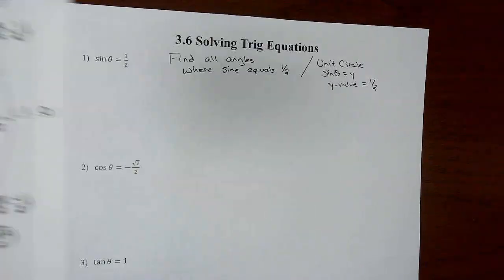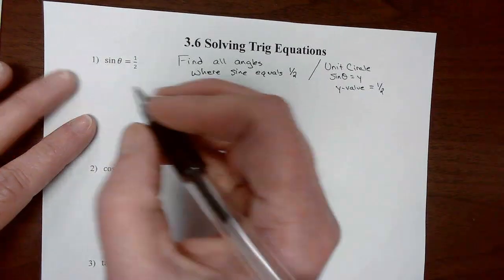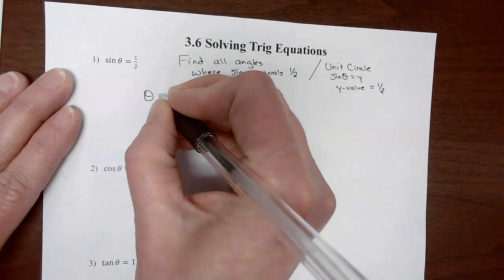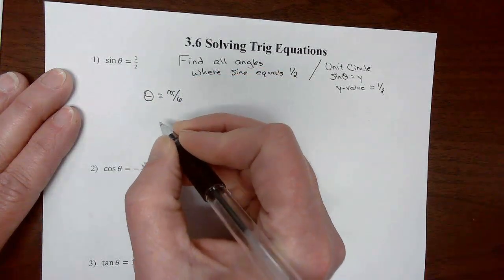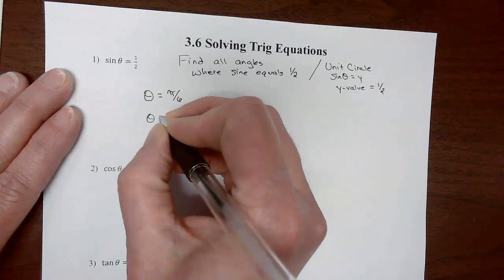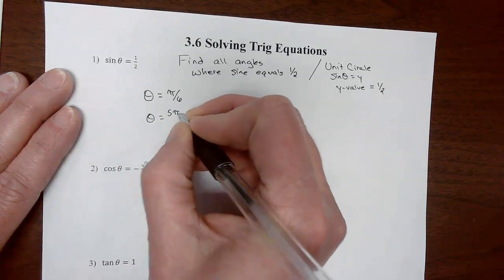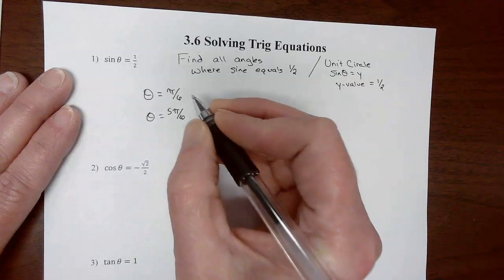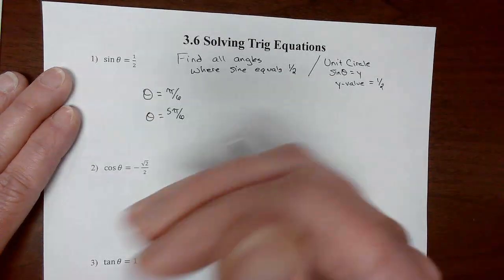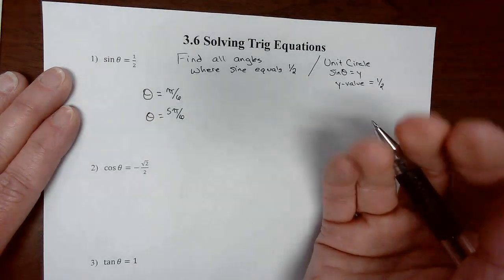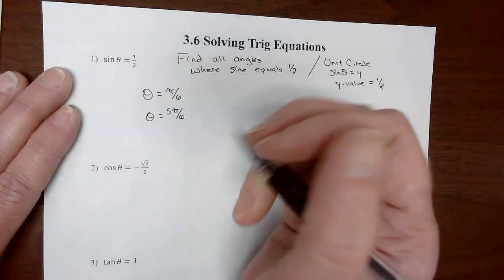Remember coterminal angles. So I have the two spots that are on my unit circle, pi over 6 and 5 pi over 6. But I could hit those again. And we could hit them by finding the coterminal angles. And that was to add or subtract 2 pi.